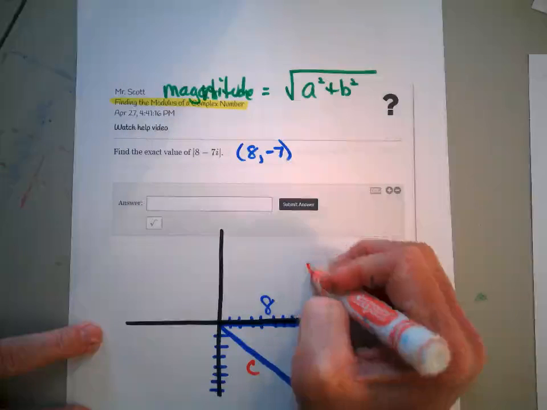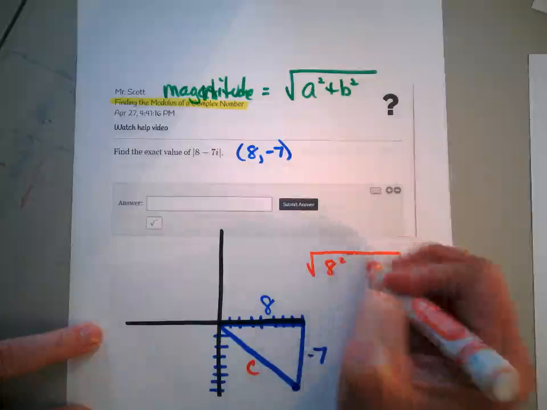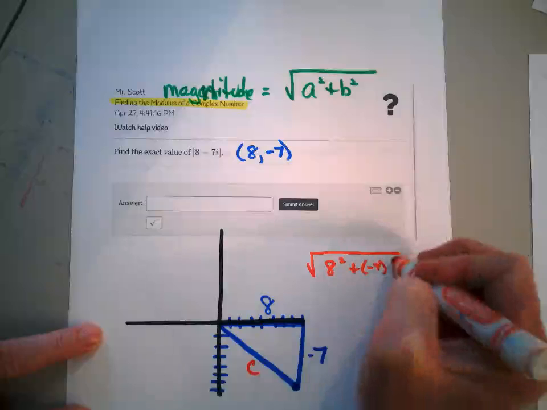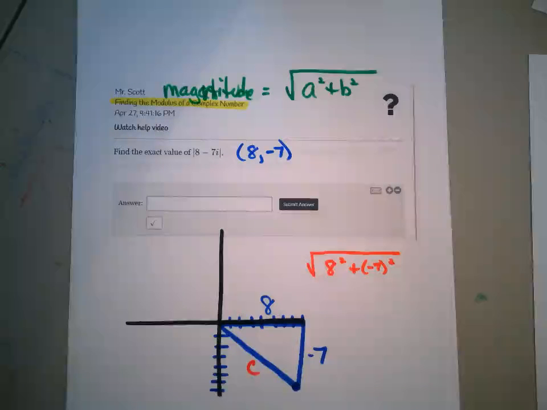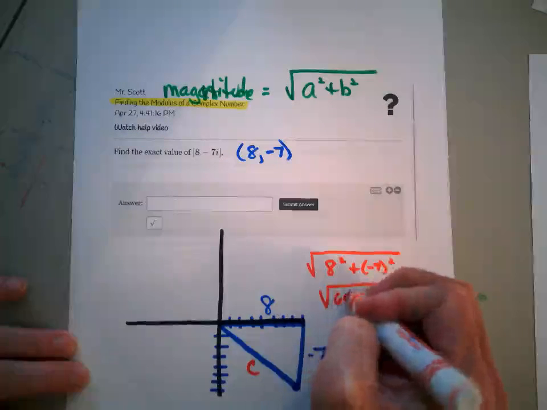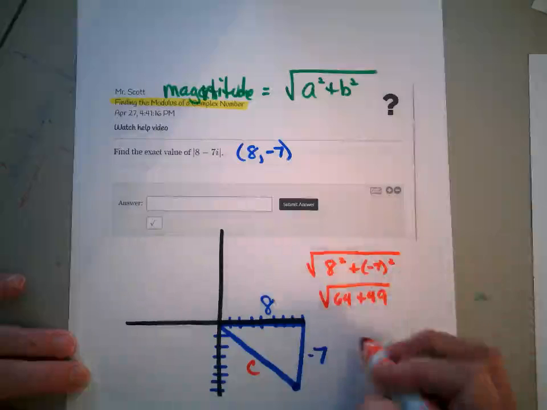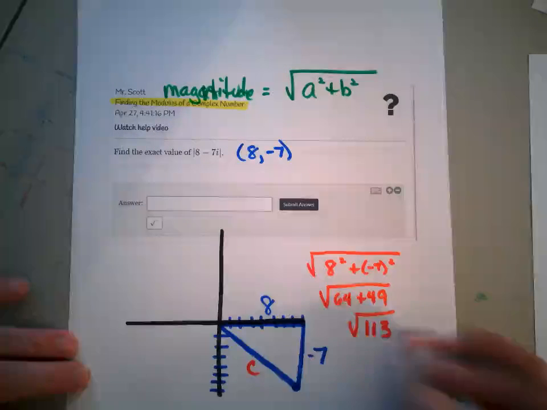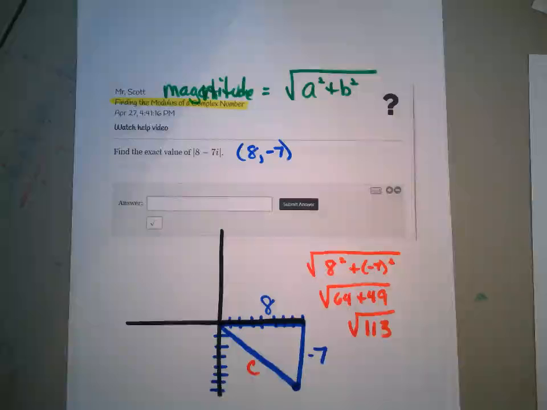So if we took the square root of 8 squared plus negative 7 squared, you'll find the magnitude, or what they're calling the modulus of the problem. That's 64 plus 49, which is the square root of 113. And that is what they want you to type into Delta Math.